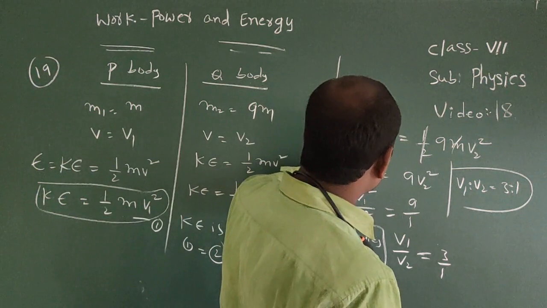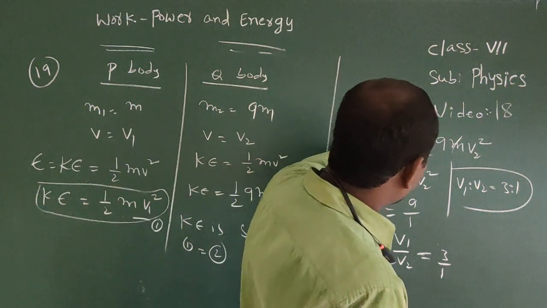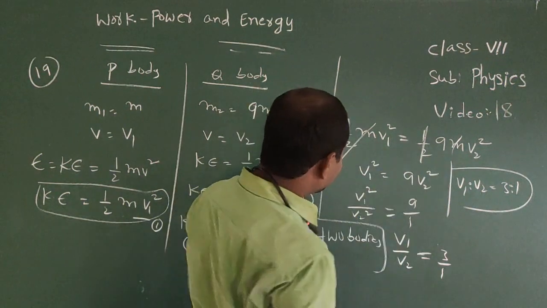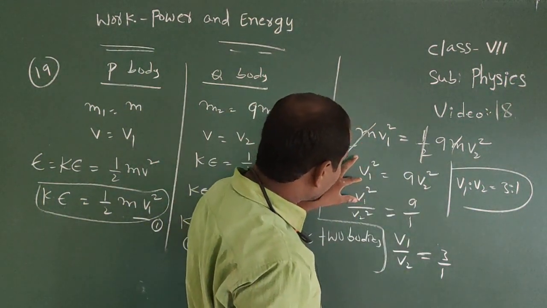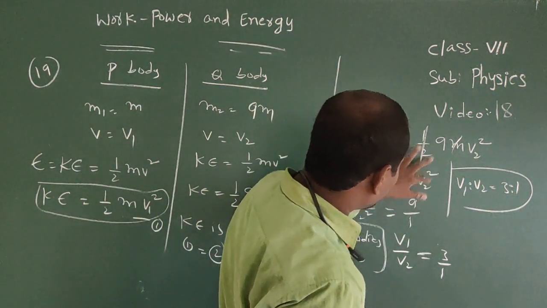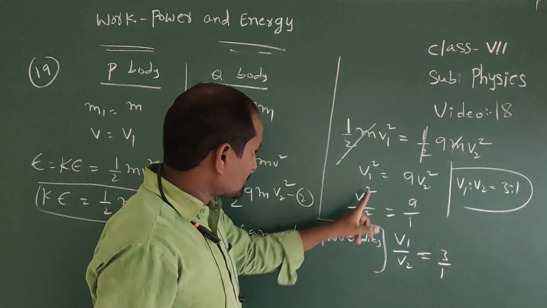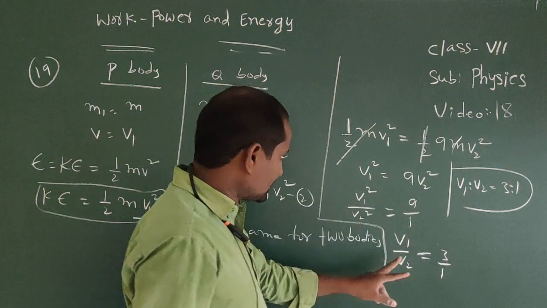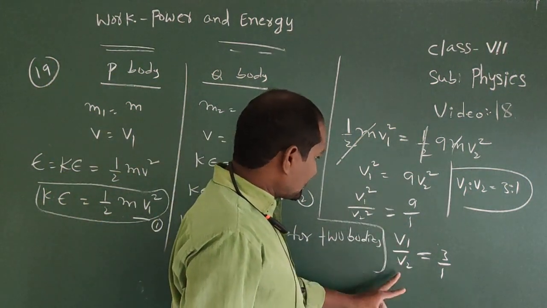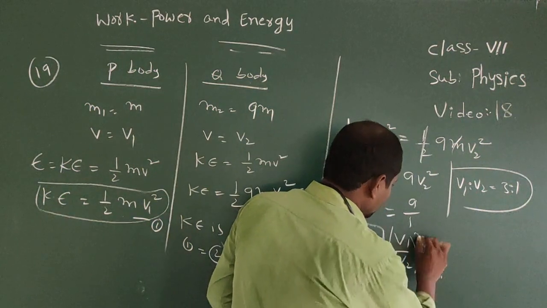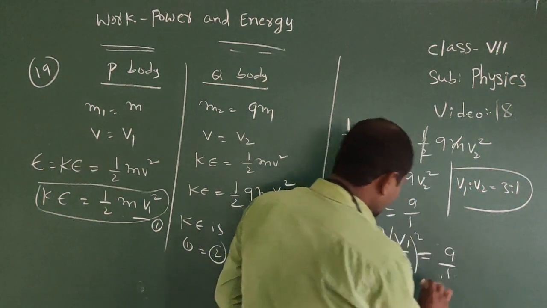Half into M into V1 square equal to half into 9m into V2 square. So half M gets cancelled. The remaining value is V1 square equal to 9 into V2 square. So V2 comes to this side. That means V1 square by V2 square equal to 9 by 1. So we can write (V1 by V2) whole square equal to 9 by 1.